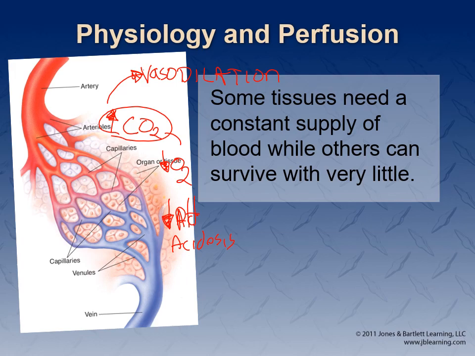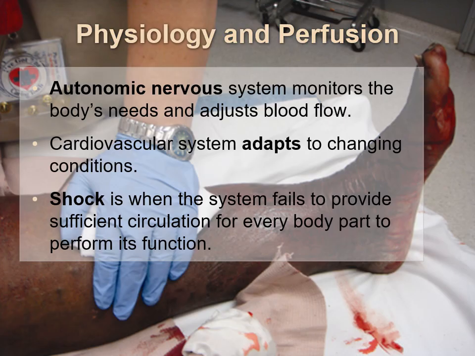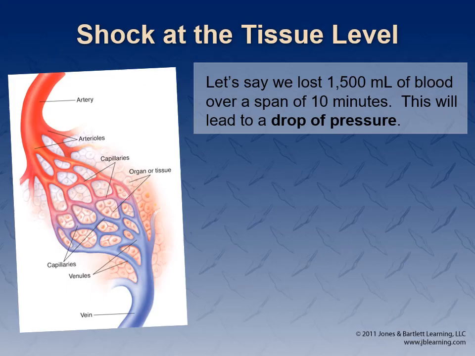All right? When we have a problem with that, some reason our cardiovascular status isn't where it's supposed to be, the autonomic nervous system is what tries to adjust things and make corrections, right? The sympathetic nervous system is usually what we're talking about there.